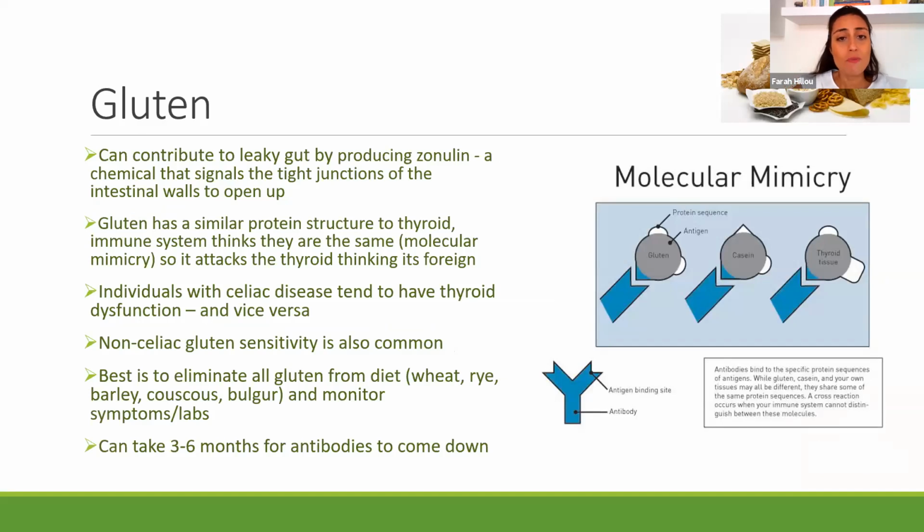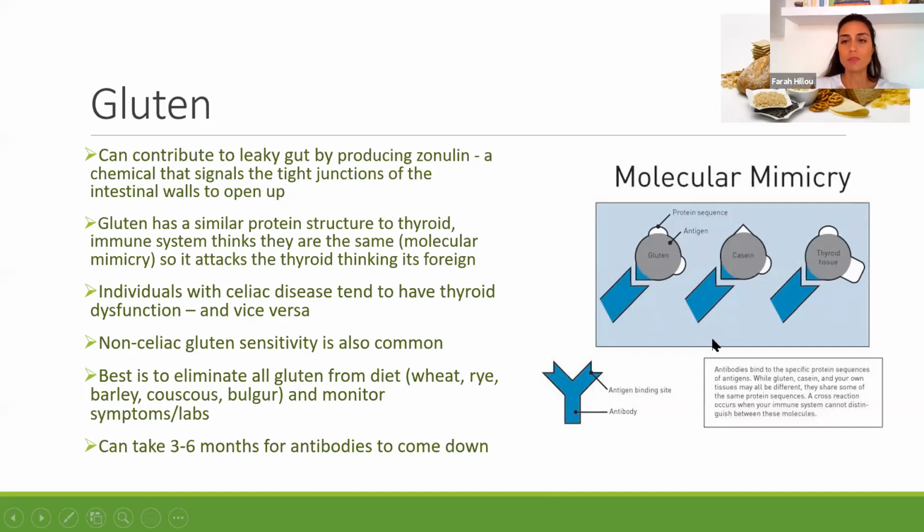Gluten. Okay, so you may have heard, or you may not have heard, of gluten being an issue with individuals with thyroid disease, and it can contribute in different ways. Okay, so if you look at this figure or diagram over here where it says molecular mimicry, you can find that gluten, casein, which is the protein in milk and dairy foods, and thyroid tissue pretty much resemble one another.